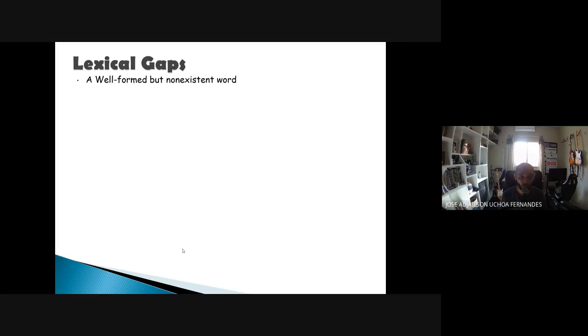So a lexical gap is a well-formed but non-existent word. By well-formed, we mean following the rules of prefix, suffix, positioning. But it does not exist. And the reason is a permissible sequence that has no meaning attached to it in the English grammar.